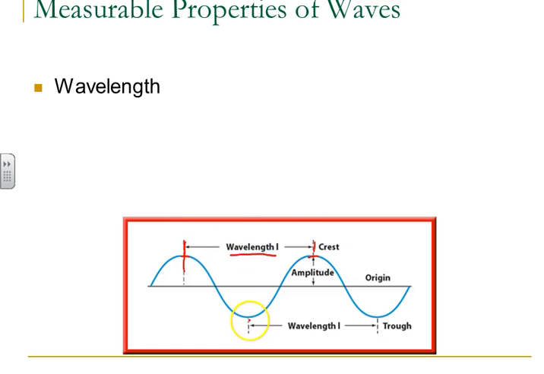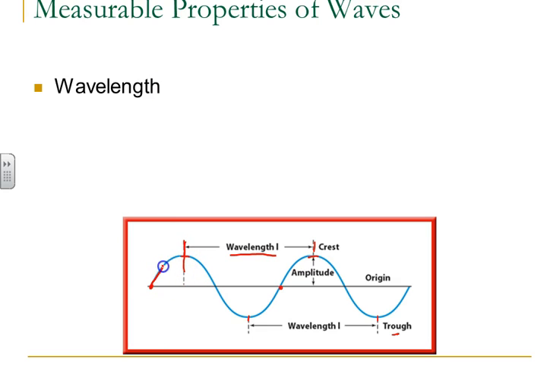We could also say that it's the distance between trough, the low part, and the adjacent trough, or really anywhere on here. We could say from this point, which would represent 0 degrees, to this point, which would represent 360 degrees. So the wavelength is actually the distance between the same point on adjacent waves.